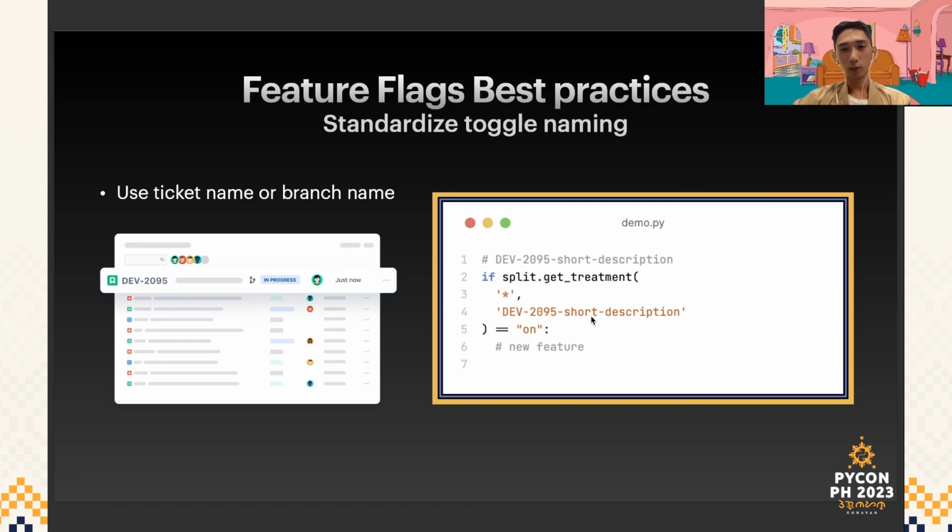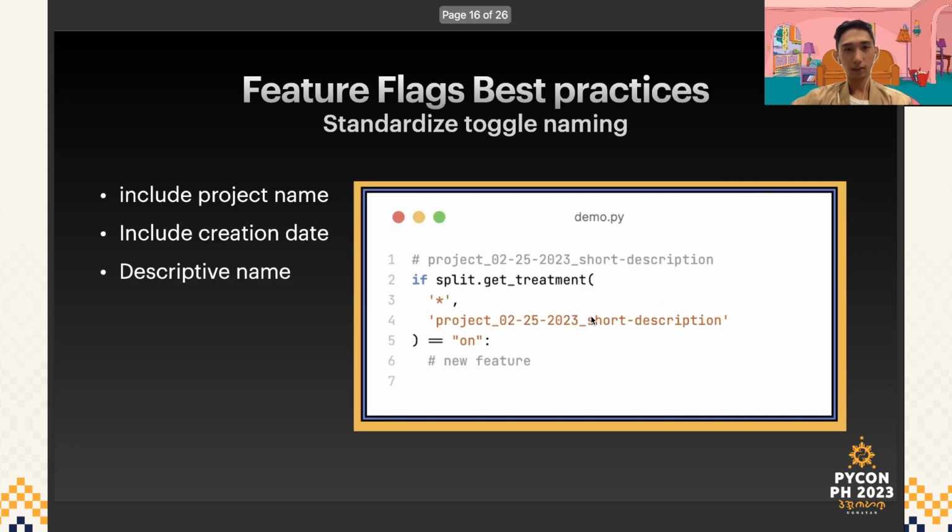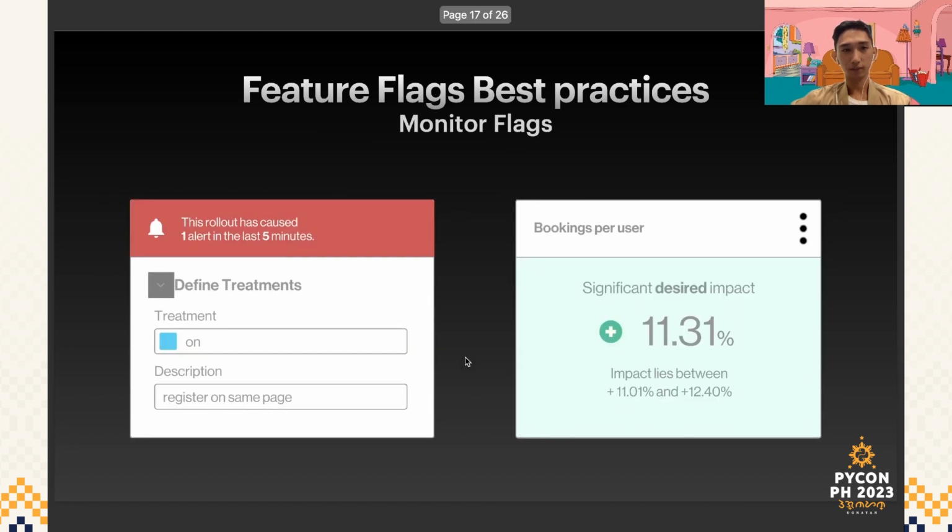And you can provide a short description like the one in the code. And if you're not using Jira or other project management tools, you can include the project name, creation date, and descriptive name. And this is only a suggestion, but as I mentioned, you can discuss with your team on what your naming convention for features is.